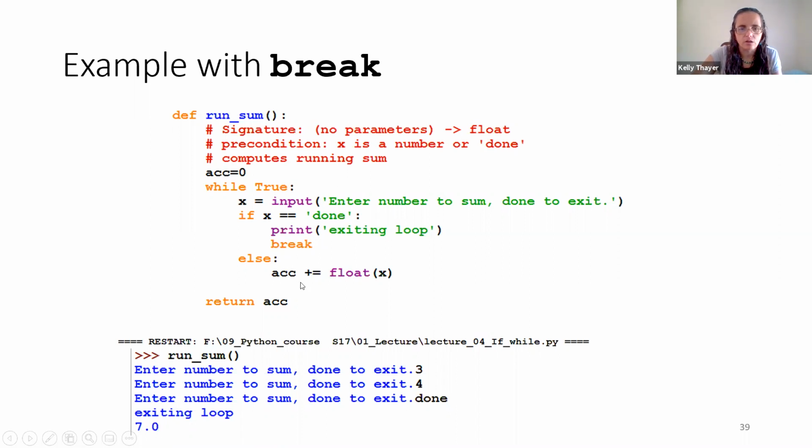Otherwise, there will be another piece of information added on, and so the accumulator will continue to accumulate. So what ends up happening is when the user types done, then this block will terminate the execution of the if block, and return will occur, and that's how this particular piece of code is going to work.